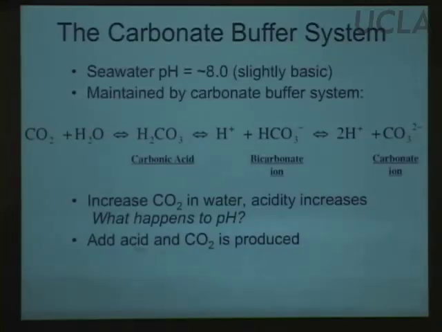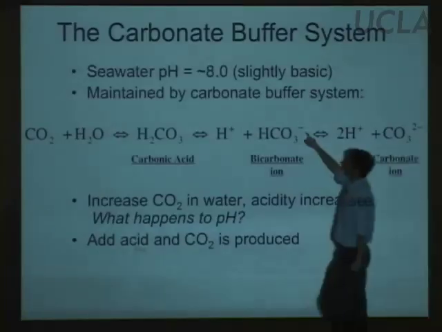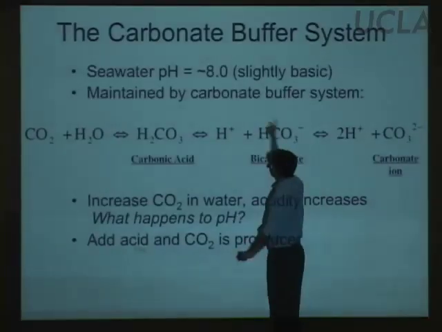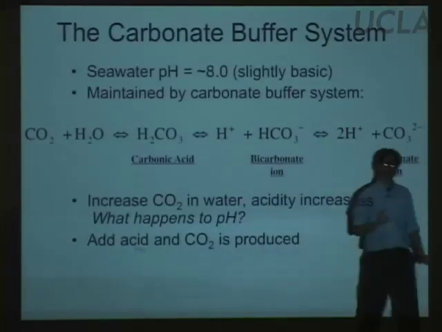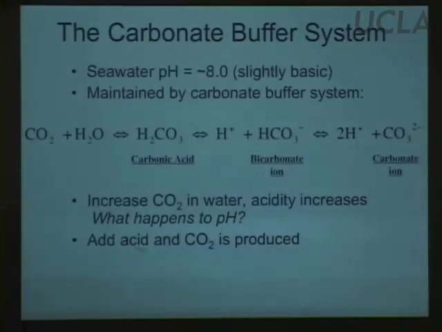So what's going to happen if most carbon dioxide dissolved in seawater is like this? If we do something like add more CO2. If we add CO2 to water and most of that CO2 dissolves to make carbonic acid and most of that carbonic acid dissociates to make bicarbonate, what are we generating in the process of dissolving that CO2?